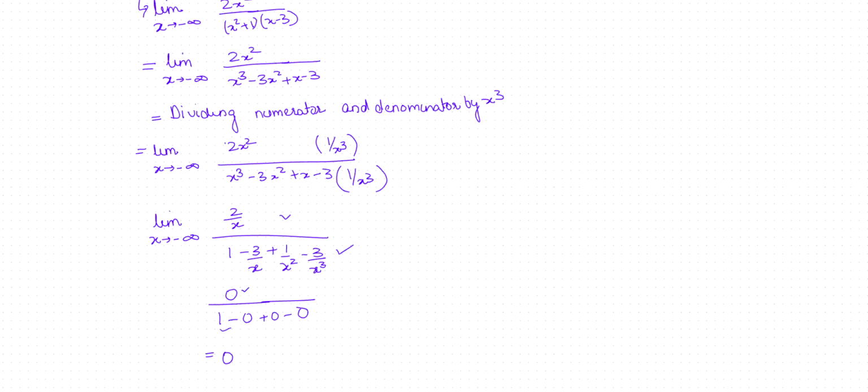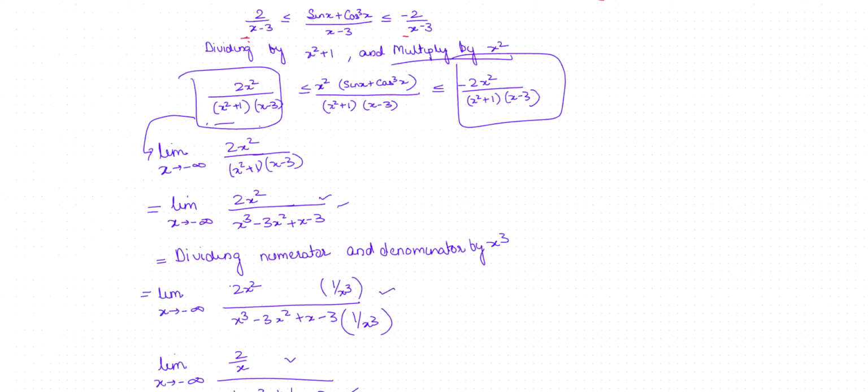We'll put x as negative infinity and we see that we get 0 over 1, which is 0. Direct substitution gives an indeterminate form, so we cannot put it in directly, but we can do some manipulations and then we got the value as 0. So this comes out to be equal to 0.